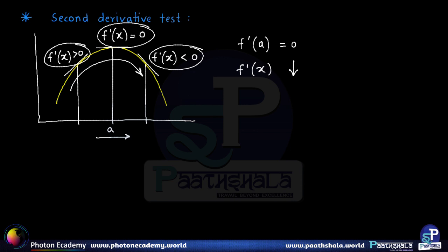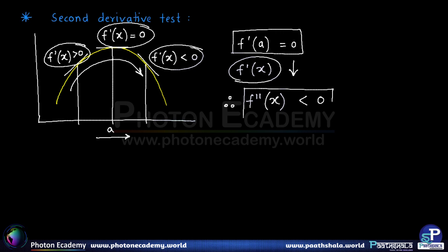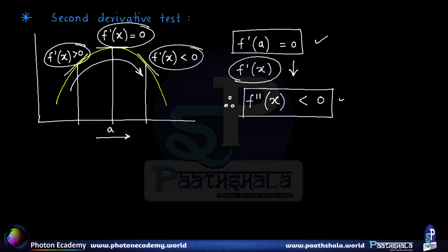So if the first derivative is decreasing, its derivative, which is nothing but the second derivative, must be negative. So we get this condition: the second derivative has to be negative and the first derivative has to be 0 at that point of maximum.